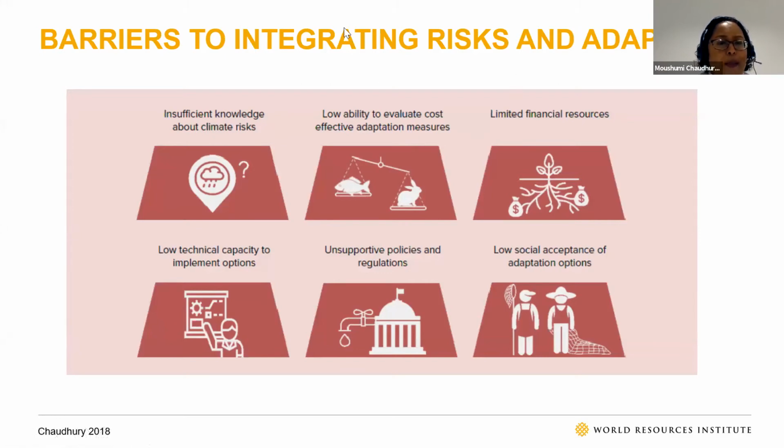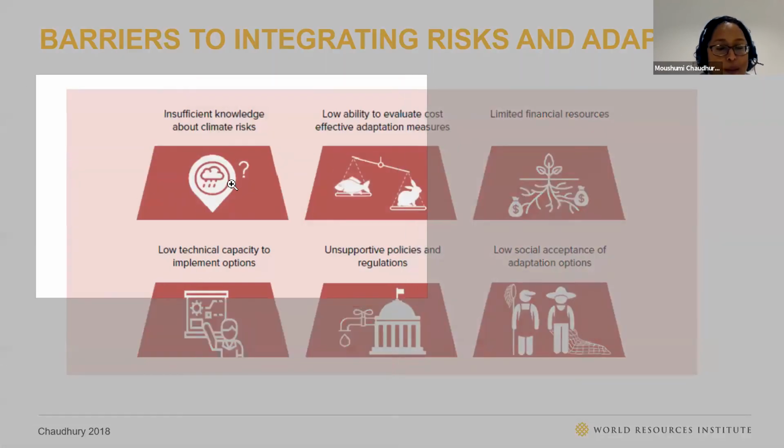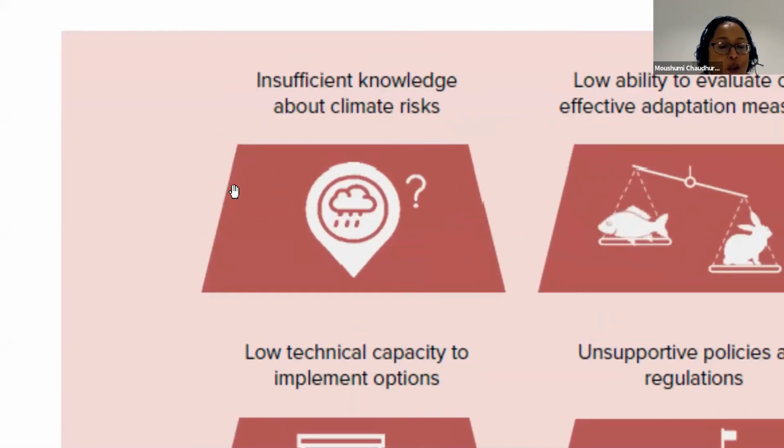So the first real barrier is, of course, access to information. And this is information on types of risks, frequency of risks, and long-term climate trends that are essential for planning and decision-making processes. So information about climate-related risks and uncertainties that is relevant to planning and decision-making processes among small and medium-scale enterprises is sometimes unavailable or inaccessible.